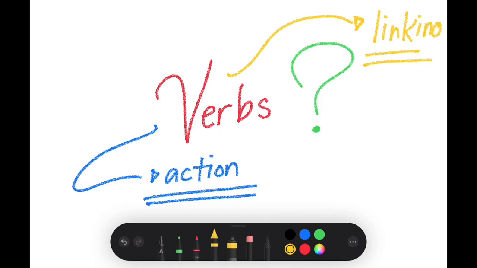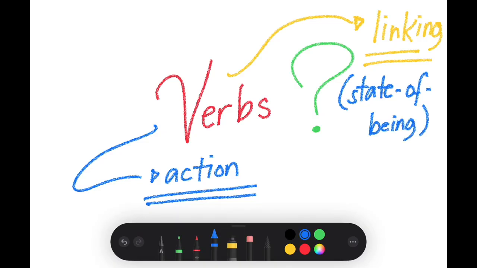We call it linking, and another word for it is state of being. We call them state of being verbs. So verbs can either be action or linking. Another word is state of being verbs.